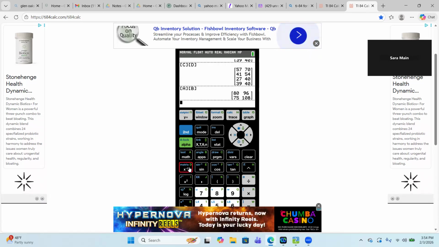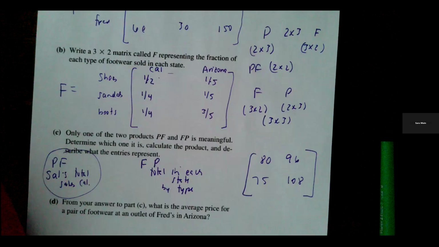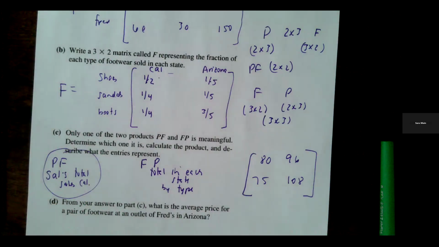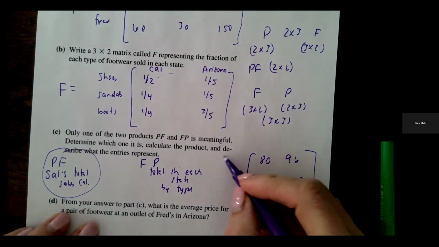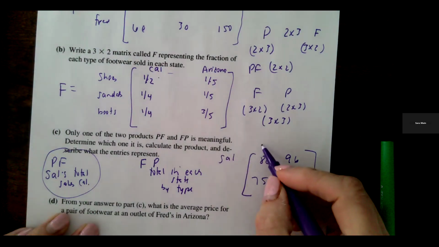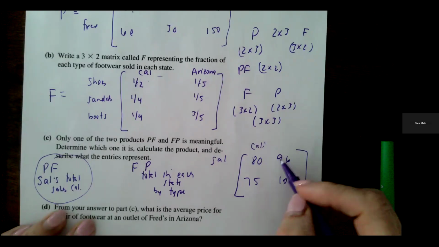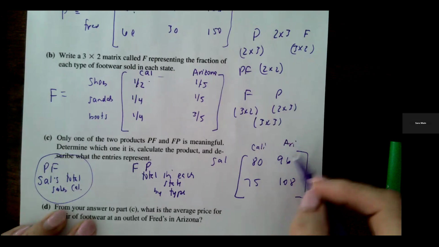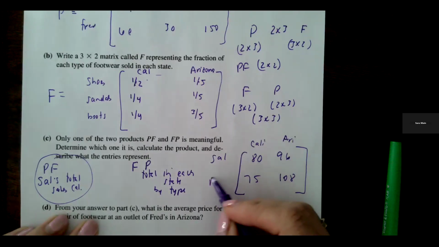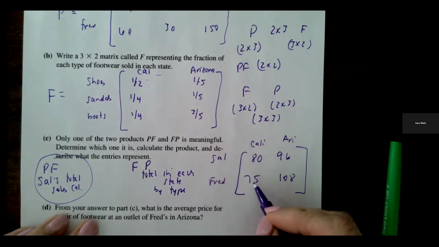And I'm going to describe what they mean. So this is Sal in California, total sales. Sal in Arizona, total sales. Fred in California, total sales. And Fred in Arizona, total sales.